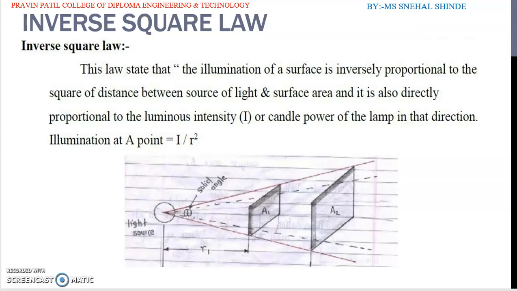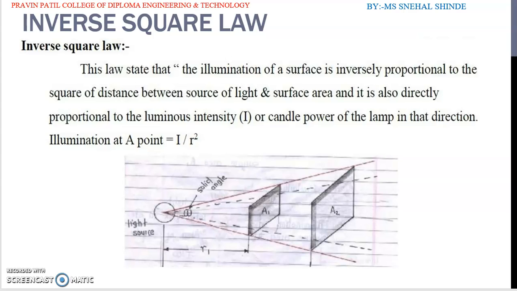Now, if a source of light which emits light equally in all directions is placed at the center of a hollow sphere, the light will fall uniformly on the inner surface of the sphere, that is, each square unit of the surface will receive the same amount of light.